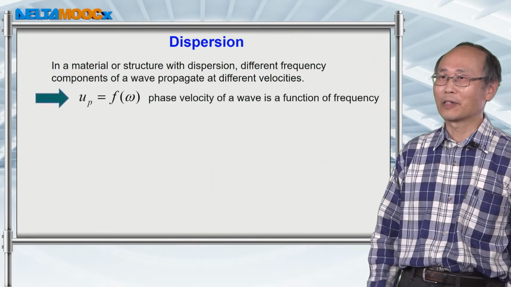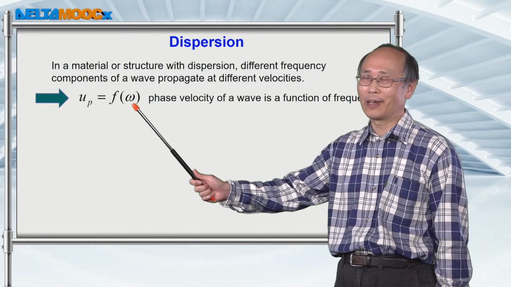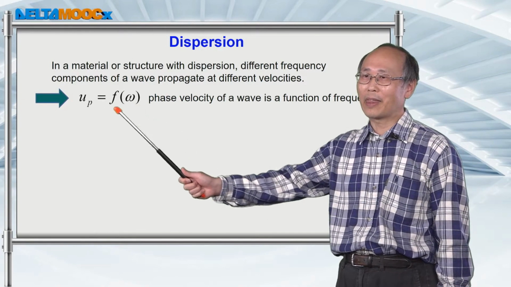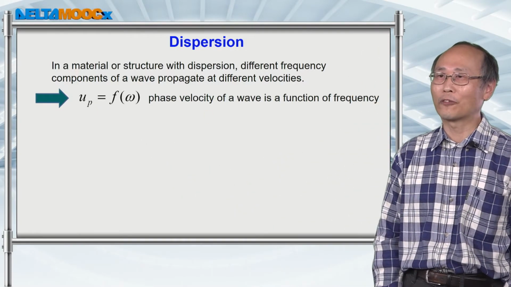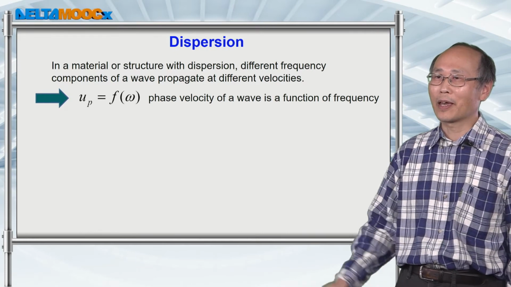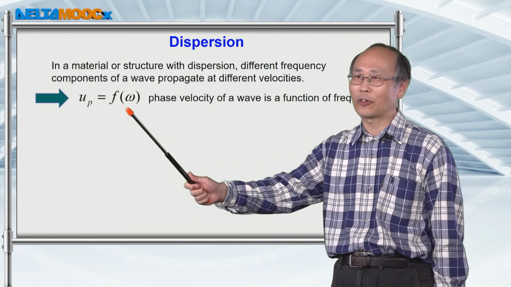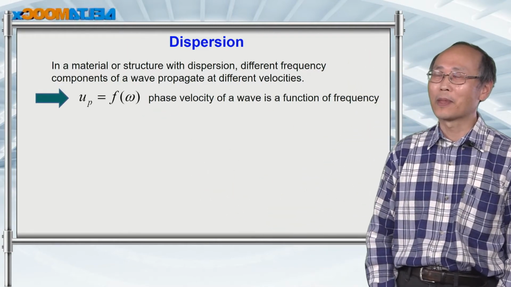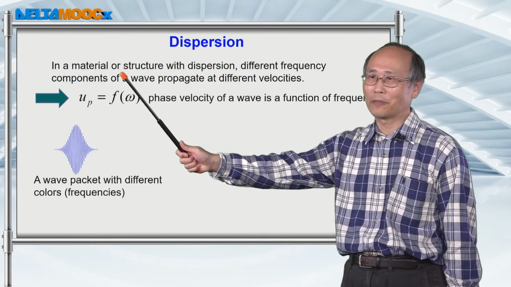In particular, if you send a wave with different frequencies inside, then the phase velocity could be different for different frequency components. And so if you have a phase velocity that is a function of frequency, then this means that the structure or the material is dispersive.